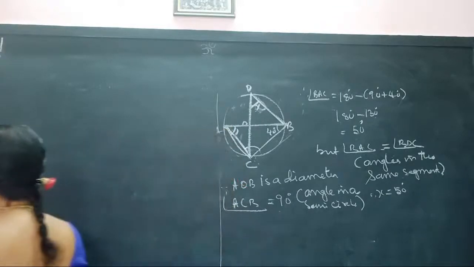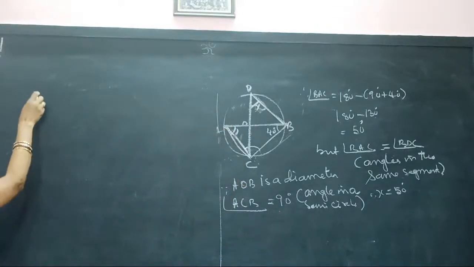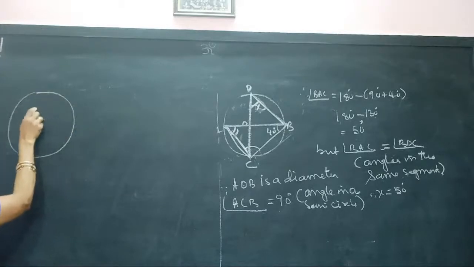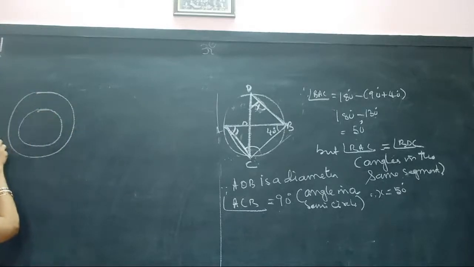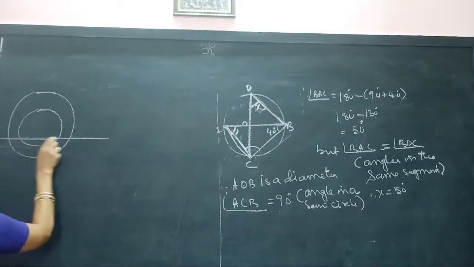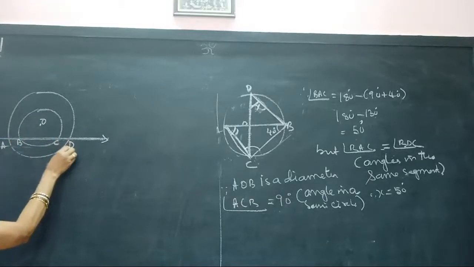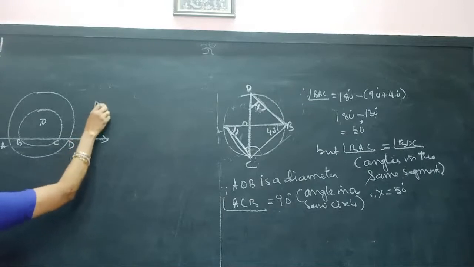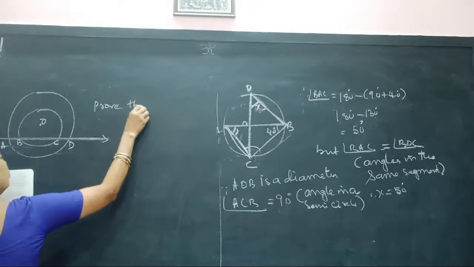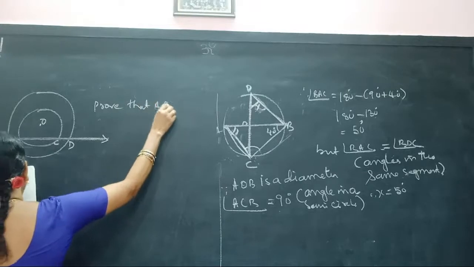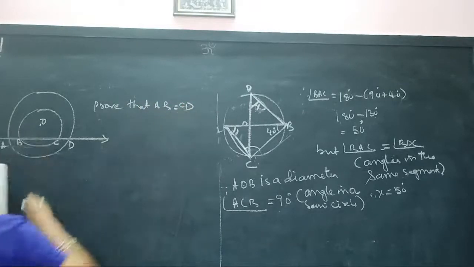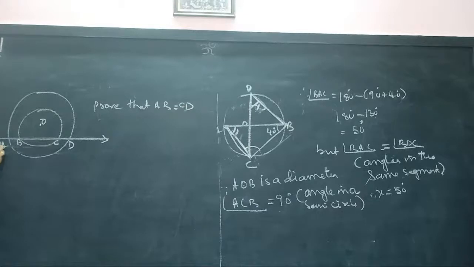Here, if a line intersects two concentric circles with center O at A, B, C and D, prove that AB equals CD. I don't know whether I had done this or not.